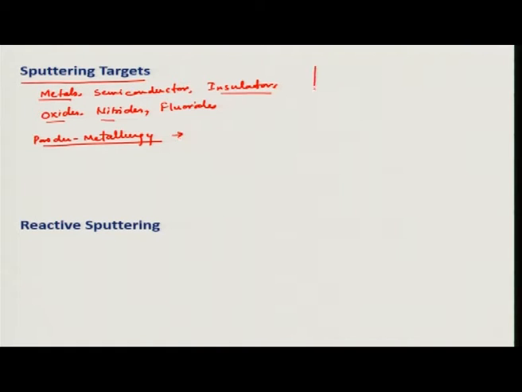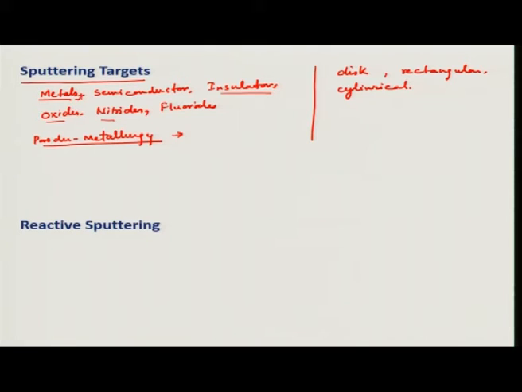These targets can be disc, round, rectangular, cylindrical, and various other shapes. You can cast discs or rectangles for metals, or use powder metallurgy for insulators, oxides, nitrides and various other ceramic materials.